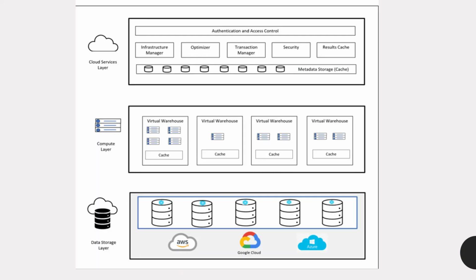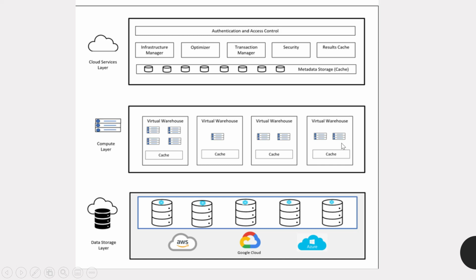Now if we drill down, or double click, onto the 3 components that we saw, the data storage layer is nothing but data storage which can be on any of the clouds, because Snowflake is offered as software as a service on all the prominent clouds: AWS, Google Cloud and Azure. So that's the bottom layer. The middle layer is the virtual warehouses, which have different capacities, meaning they have been launched in different ways based on need.